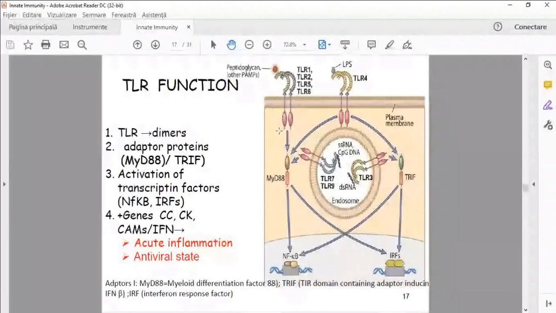This intracellular part is in very high contact with some adapter proteins, for example MyD88 or TRIF, myeloid differentiation factor 88, or toll immune receptor domain containing adapter inducing interferon beta.